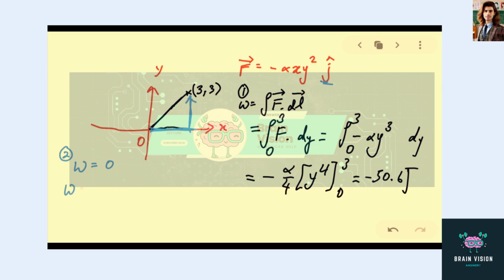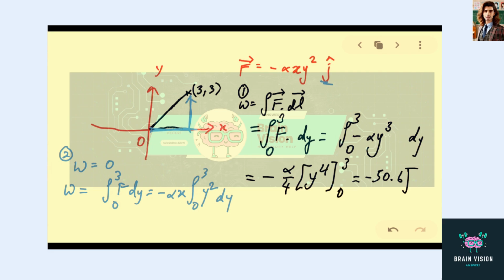So the work done for the second part is the integral of F dy from 0 to 3. But in this case, x is a constant, so we can pull out x. So we just get negative alpha x, and integrate y square inside from 0 to 3 dy.